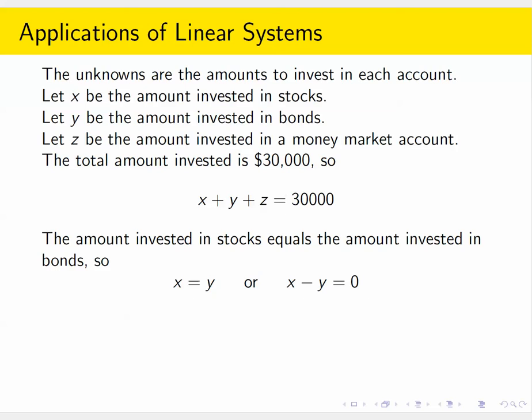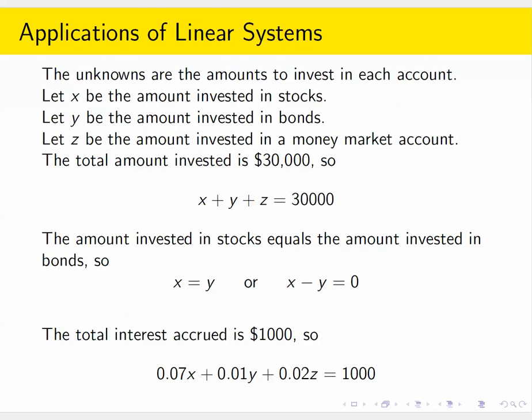Finally, we know that we want $1,000 interest at the end of the year. So what we want to do is add up the interest we'll get from each investment. Now, X is the amount we're investing in stocks. So if I multiply that by 0.07, that represents the 7% interest we earn from the investment in stocks.